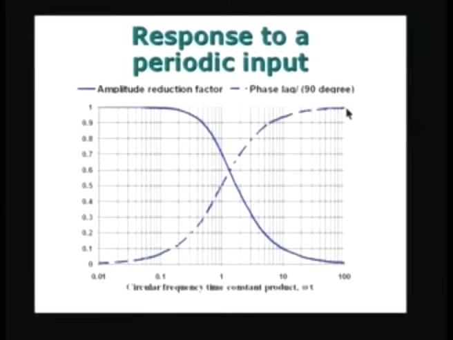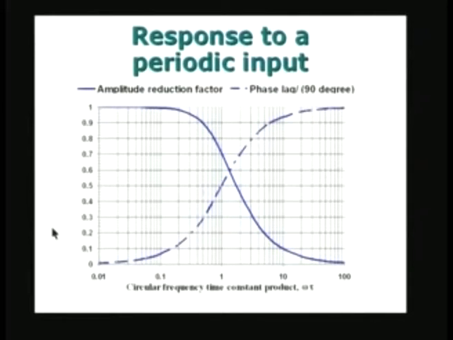So it will just show an average value, and you will also see that the phase lag approaches 90 degrees as omega tau product becomes very large. There is a crossover, and you can see that if I plotted the logarithm on this axis, it will show a nice behavior. It will be almost like straight, and then it will drop down according to a straight line kind of relationship from this point onwards.